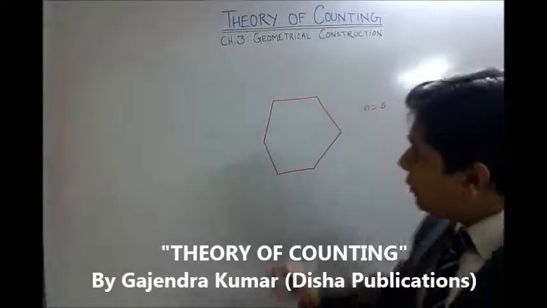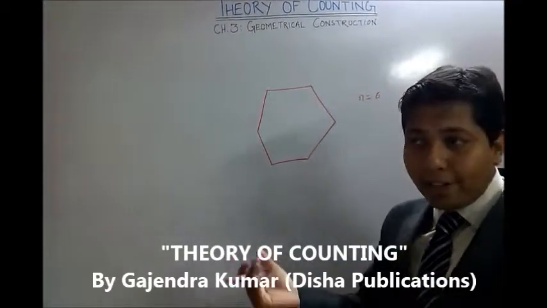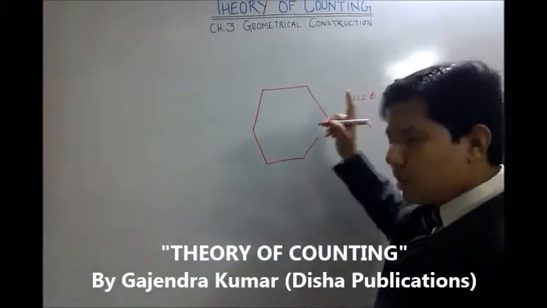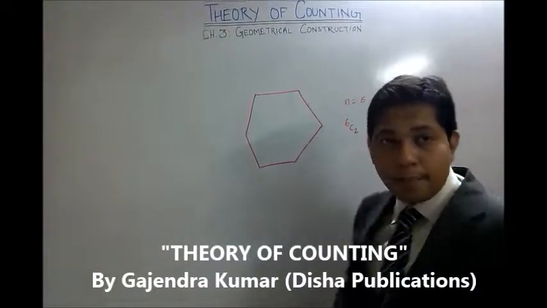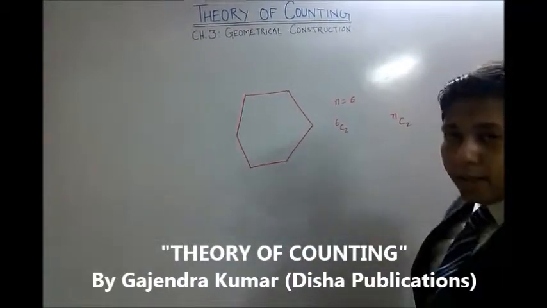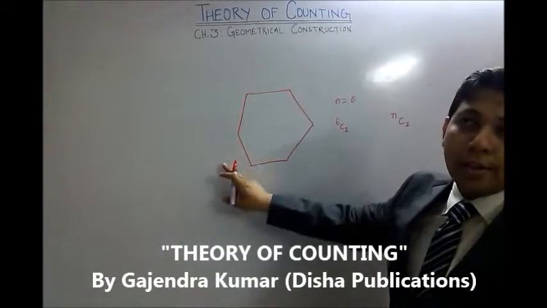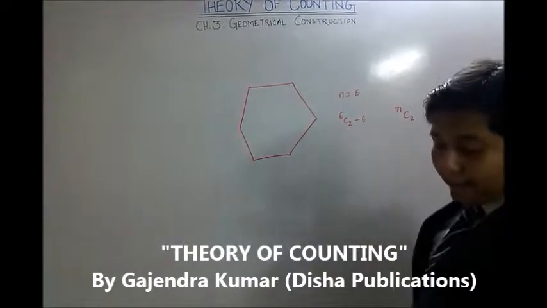Out of these 6 points, no 3 of them are collinear. So how many distinct straight lines can we draw from these 6 points? 6C2 straight lines, or if n is given to us, then nC2 straight lines. But out of this 6C2, 6 are the sides, so the remaining must be diagonals. So the number of diagonals is 6C2 minus 6.